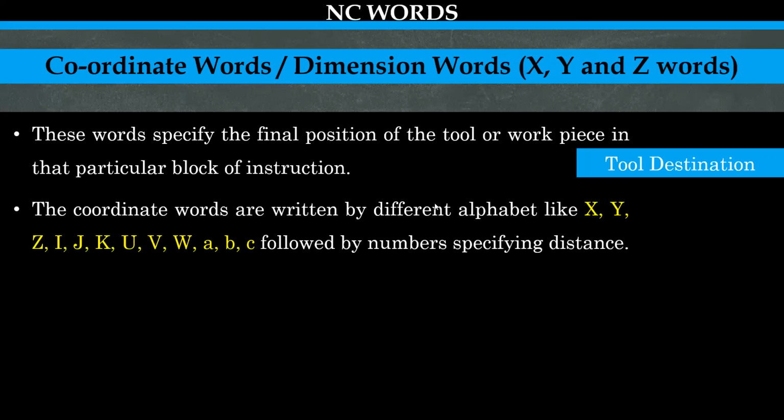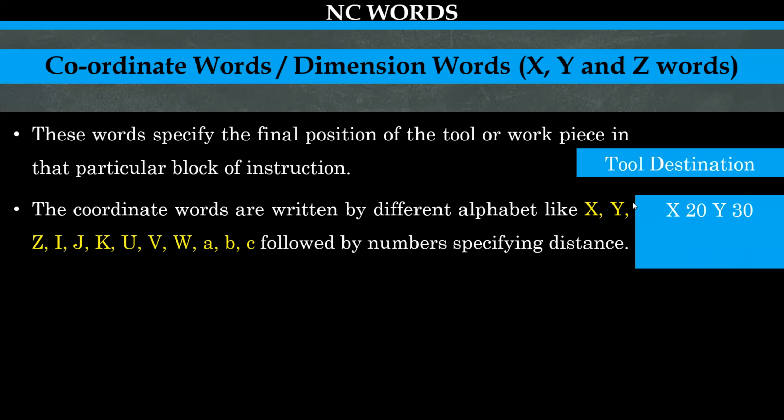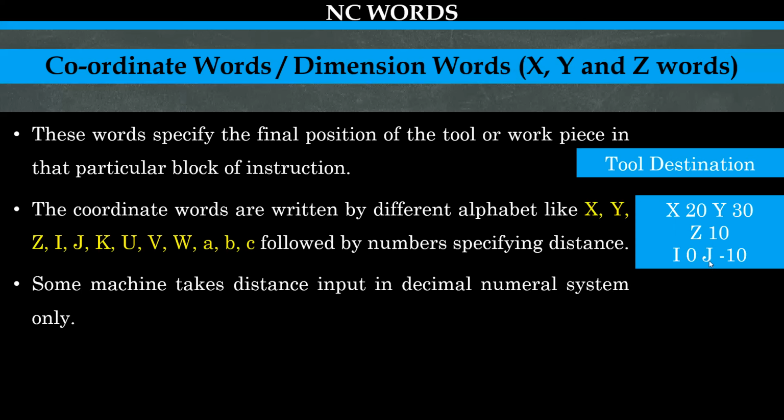The coordinate words are written with alphabets like X, Y, Z, I, J, K, U, V, W, or sometimes A, B, or C. And similar to G code or M code, they are also followed by numbers specifying the distance, like X20, Y30, or Z10, or it can also be written as I0 and J minus 10.